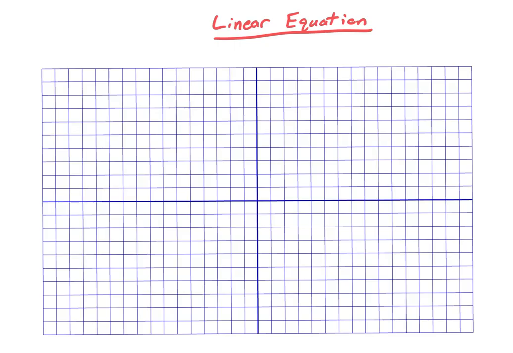It's a line, right? It's going to make a line, okay? And the line can look a lot of different ways. It could have some slope to it. It could be vertical. It could be horizontal. There's different kinds of lines, but it's got to be a line. Linear equation means my graph will be a line. And there's a couple of different formats that we will see.